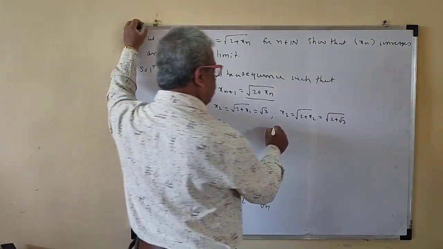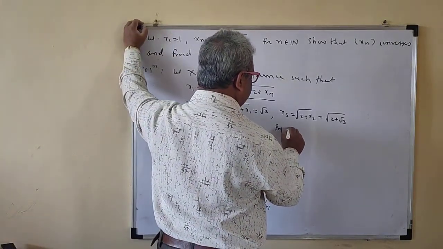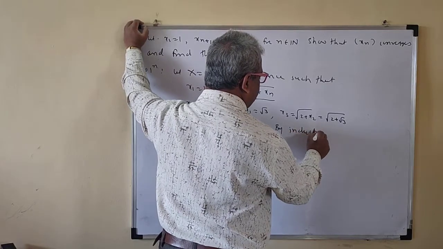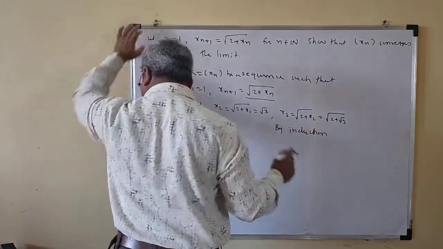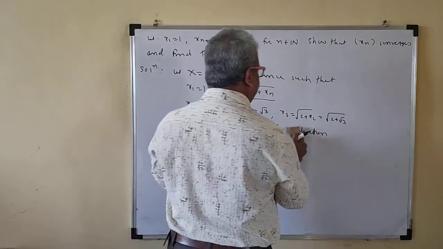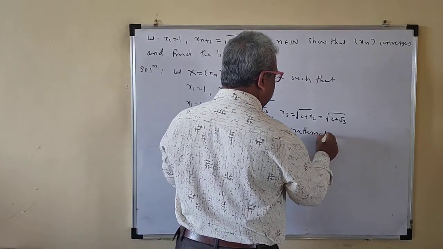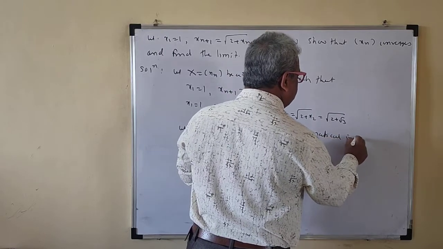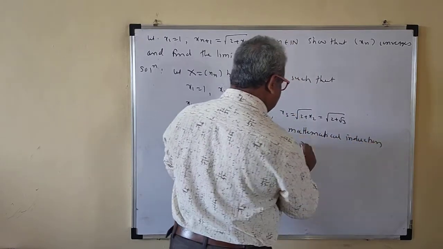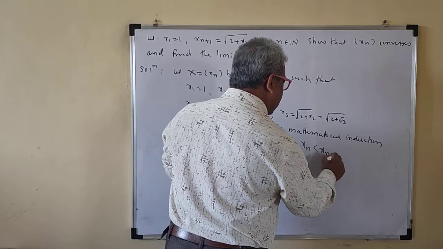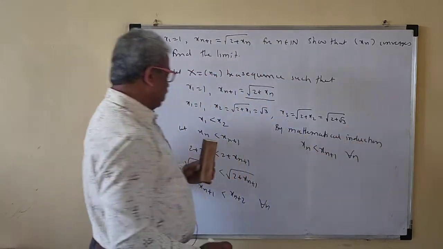So therefore, by mathematical induction, xn is less than xn plus 1 for all n. Just we will write this.